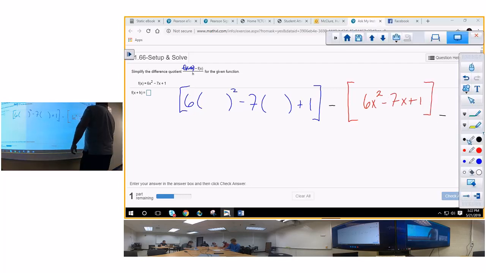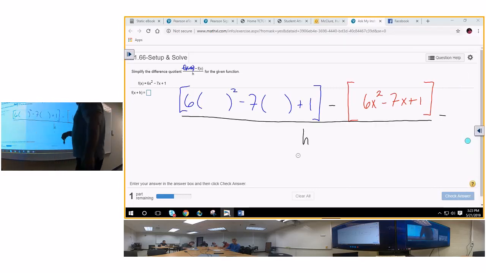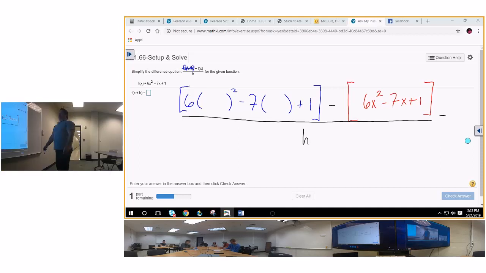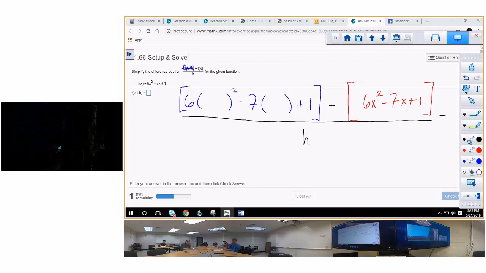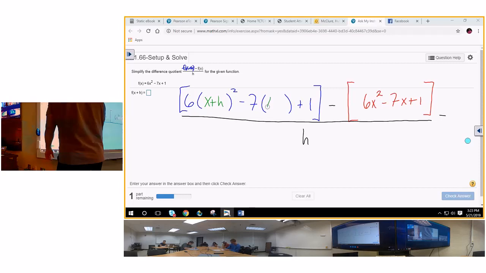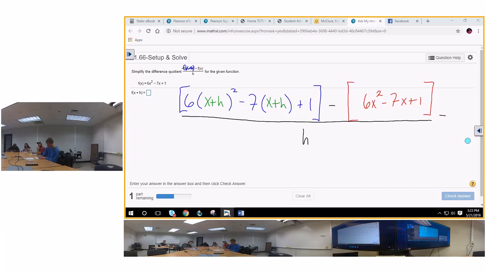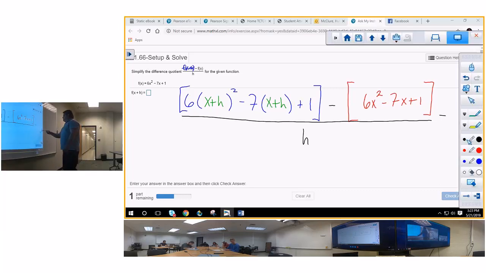All that over h. Now what are we going to plug into the parentheses on f of x plus h? X plus h. And now you're going to depend on your algebra. So go ahead and knock that out, because the rest of the problem is algebra.